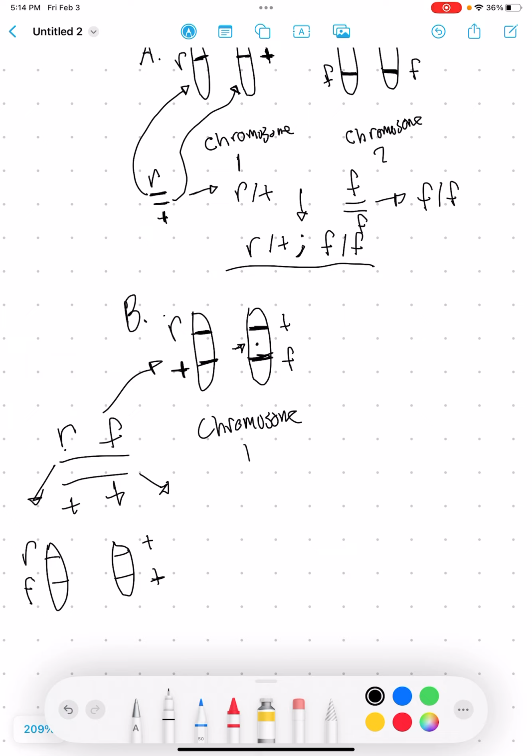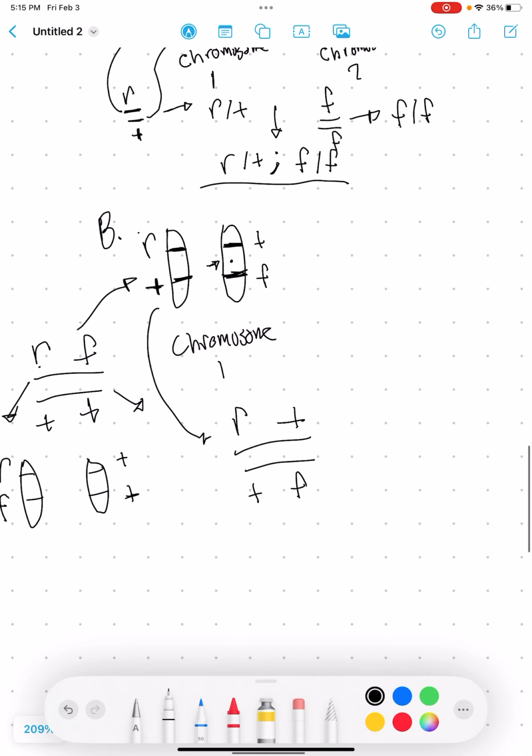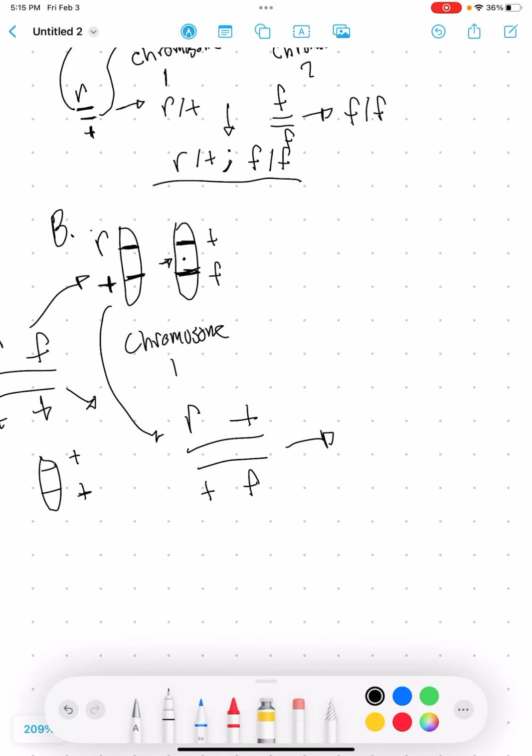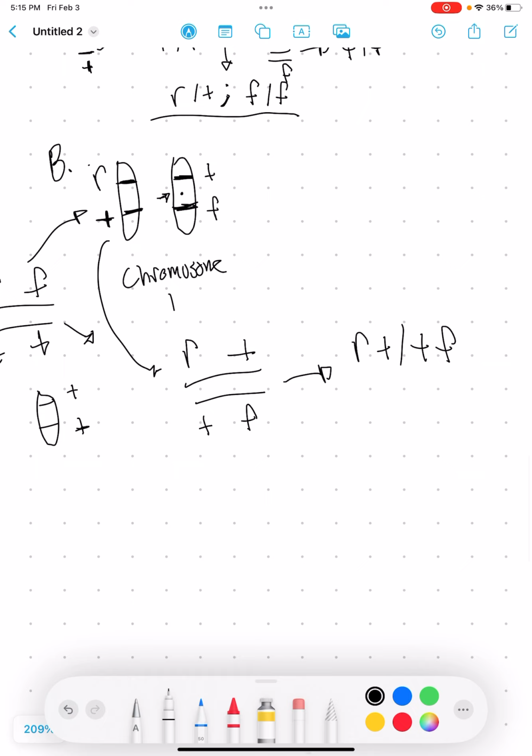So now, we would write R, over here R, plus, and for this chromosome we'd write down plus F. And if we were going to write it down in shorthand notation, it would be R plus F. Now I've seen some people write down R plus F plus. Now this would be incorrect.